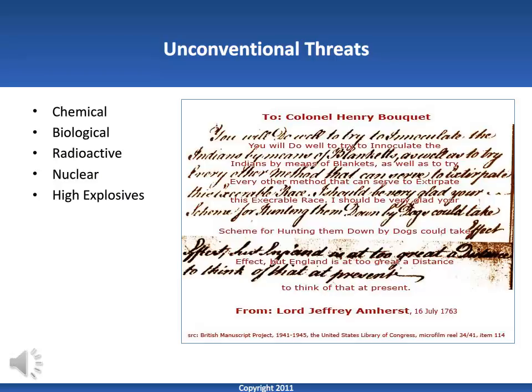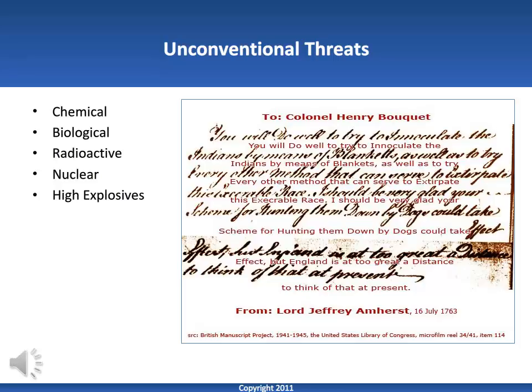I think most of us are aware of them. I'll give you one little example of a biological attack, and it goes back to 1763 at Fort Pitt out near Pittsburgh, Pennsylvania. A gentleman by the name of Colonel Bouquet reported to Sir Amherst, the commander-in-chief of the British forces in North America, that he faced two problems: smallpox among his troops and Indian raids. And Amherst suggested using one problem to solve the other.